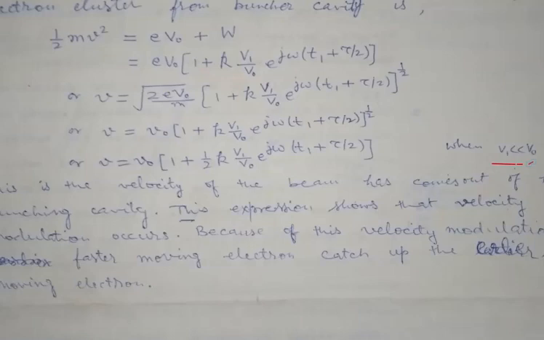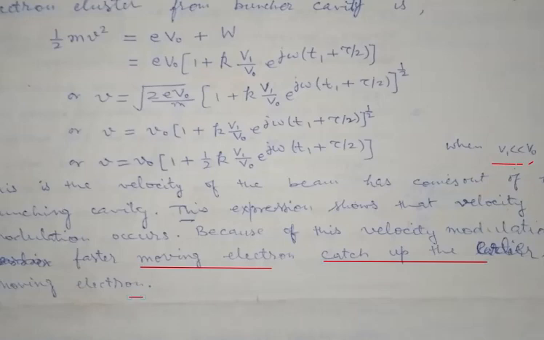This equation shows that velocity now is a function of time, and this also shows that the velocity modulation occurs, and because of this velocity modulation, the faster moving electron catches up and overtakes the earlier slowly moving electron.